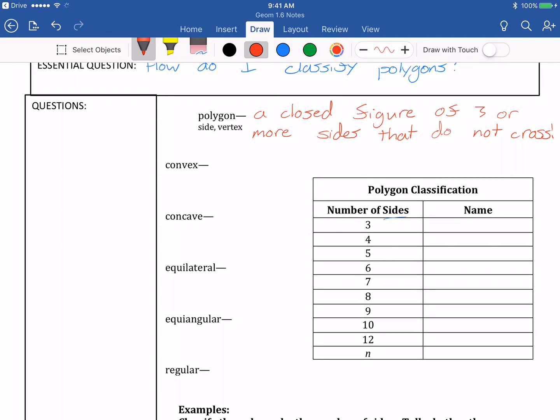Alright, so there are 2 types of polygons that we're going to talk about, the convex and the concave. A convex polygon has no side that has a point in the interior of the polygon.